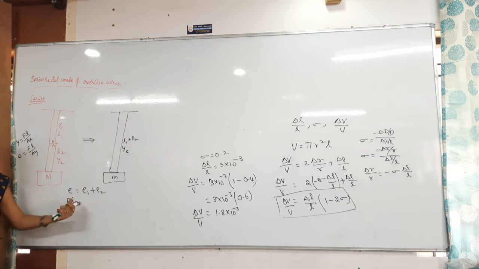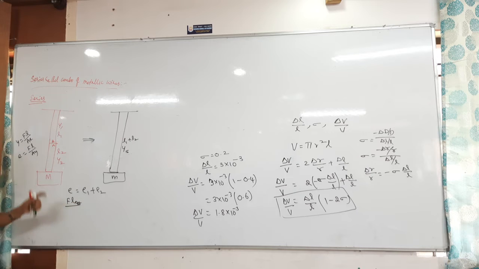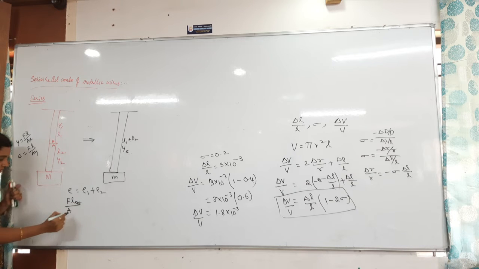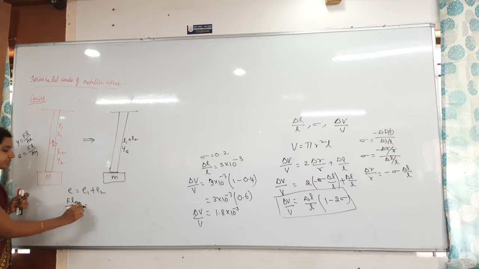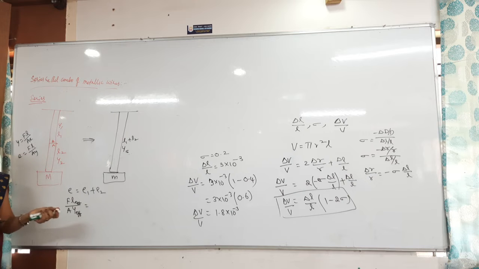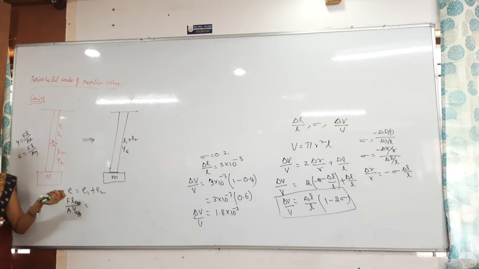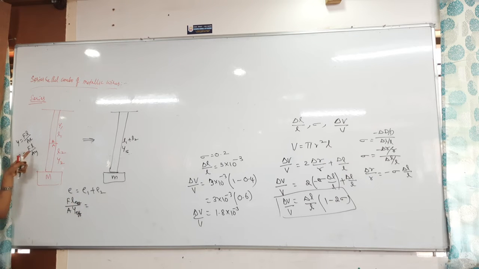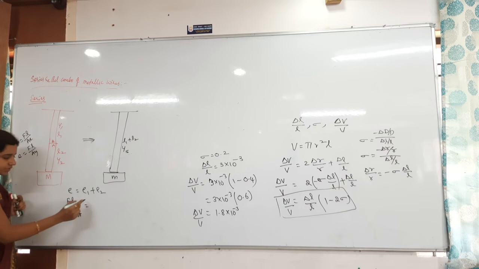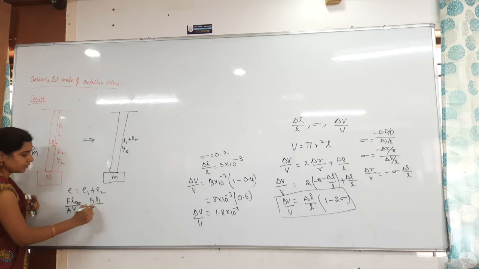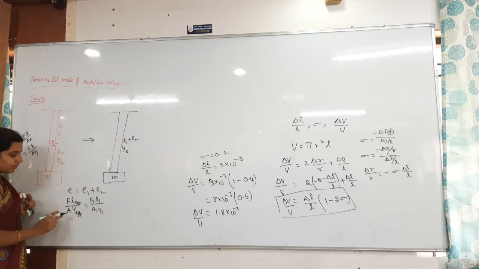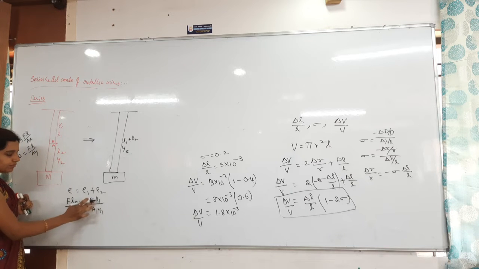So F into L effective, divided by area. Area same or different? Same area, there is no change in the area, and then Y effective you will get. That is equal to E1, elongation in the first rod. What is the elongation in the first rod? E1 is equal to F1 L1 by A1 Y1. You will see that. Can I say F1, then A is same?